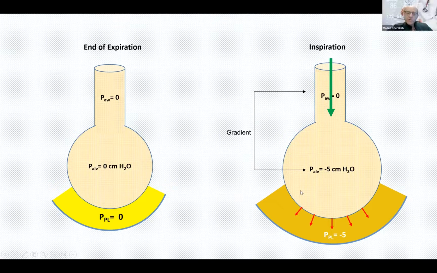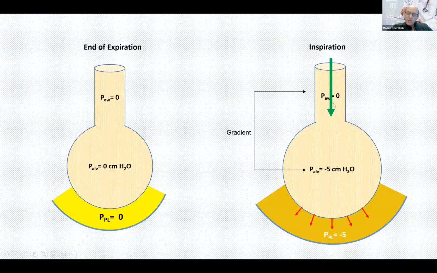Now, in order for this patient to breathe, and let's just say that it's spontaneous breathing, all he needs to do is create a gradient between the airways and the alveoli.